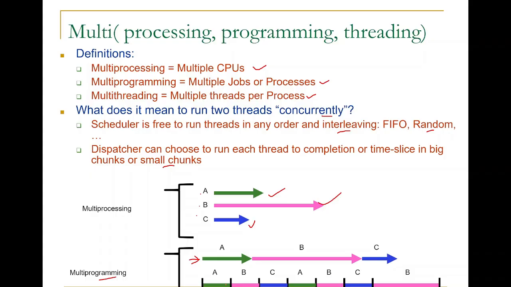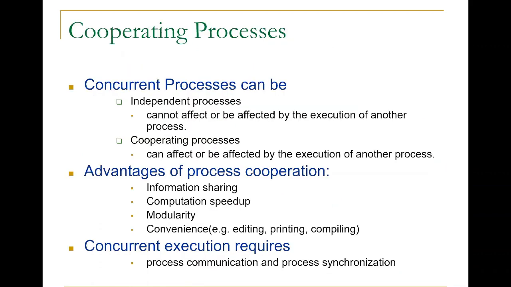So A runs for 3 milliseconds, B runs for 3 milliseconds, C will now run 3 milliseconds. Now you pick A again, pick B before you pick C, and then finally pick the last batch of B and run to finish it because there is no other process to run. Now this is an example of running multiprogramming. Everybody is having a bite of the time.